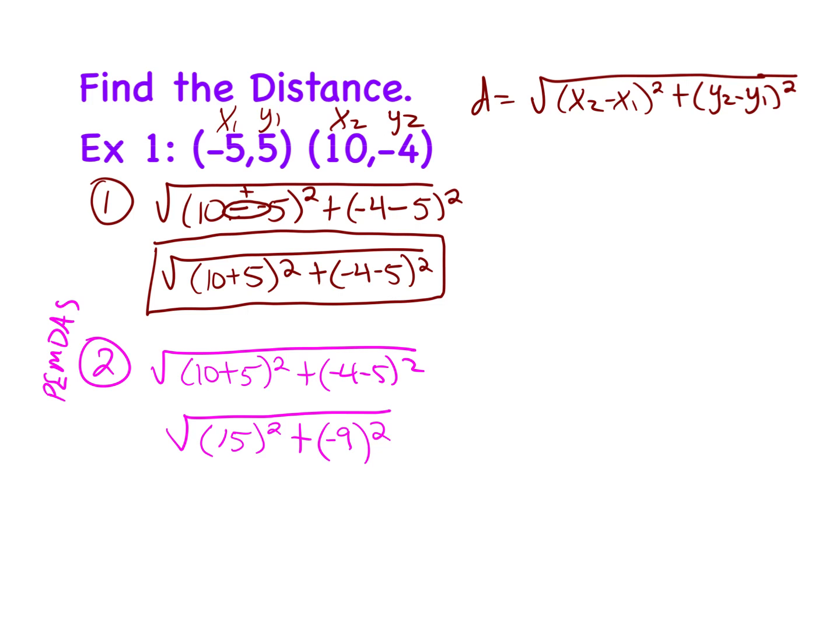All right, so now the next thing is exponents in our PEMDAS. Anybody know what 15 squared is? Anybody know 15 squared off the top of their head? Okay. Good thing is your homework only has real small numbers.